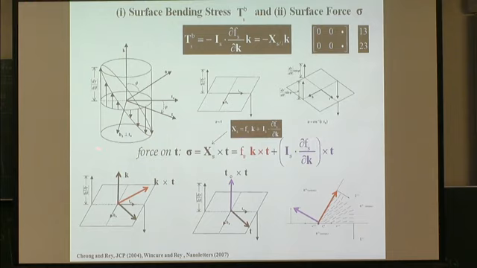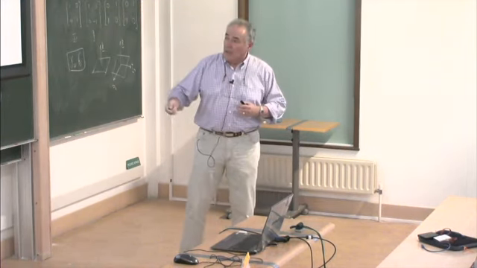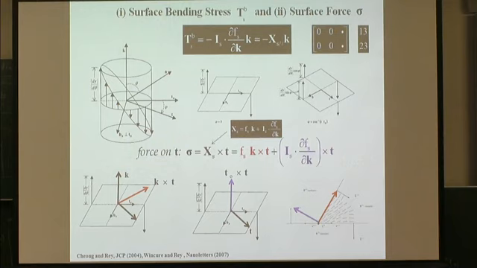And the second important point is when you do contact line problems, you have contact angles, right? You want to understand what is new with a liquid crystal when you have contact angles.